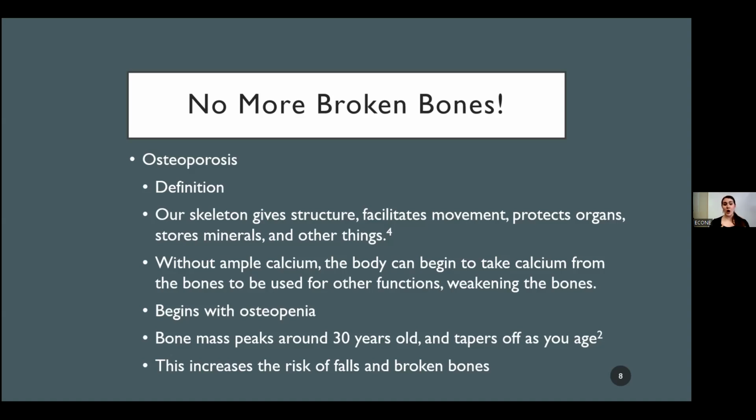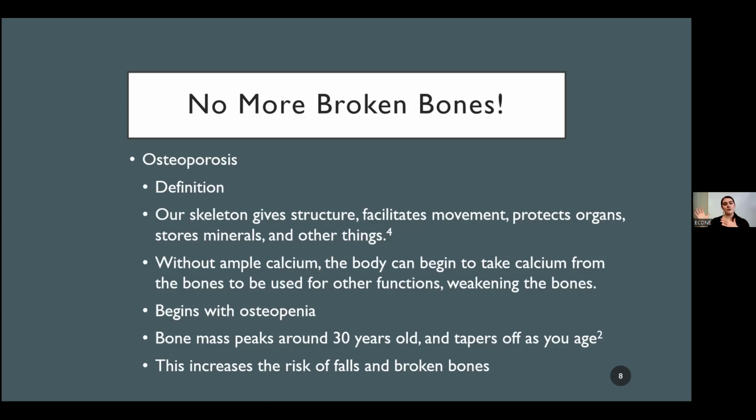So kind of an objective we have snuck in here, bone mass peaks around 30 years old and can begin to taper off as we age. It's not exactly 30 years old for everybody, but it's around that age that we see people reach their peak bone mass. So before that, as we're reaching 30 years old, it's important that we take preventative measures to make sure we can achieve as much bone density as we can.